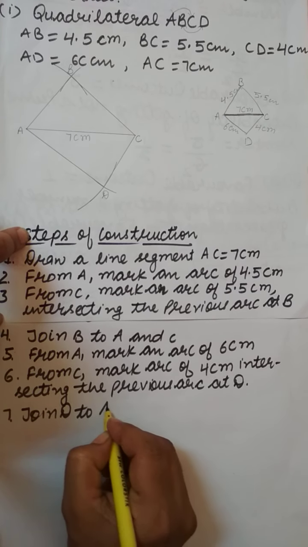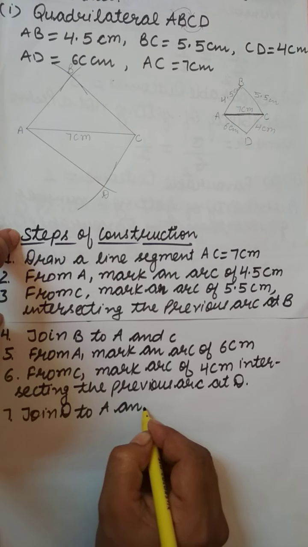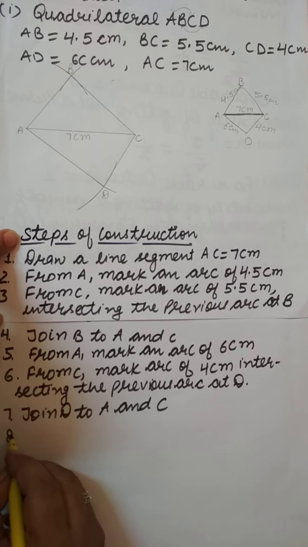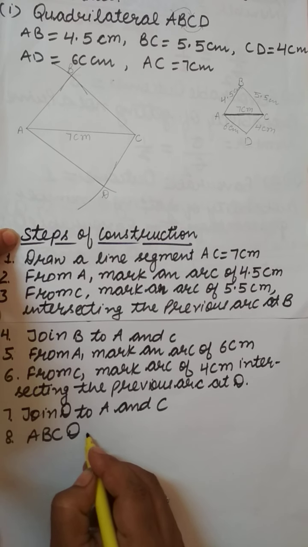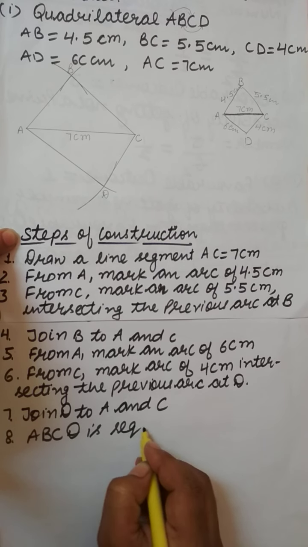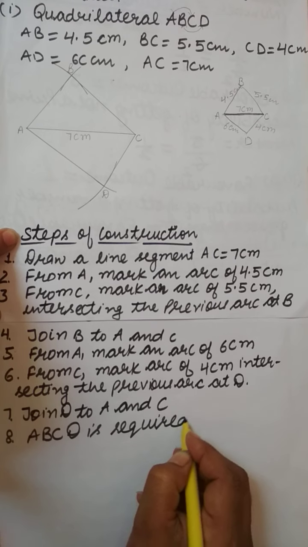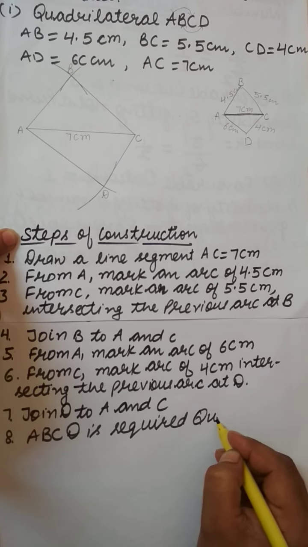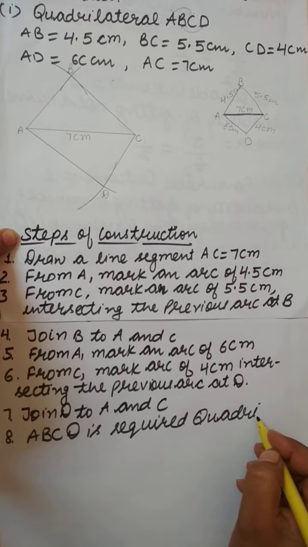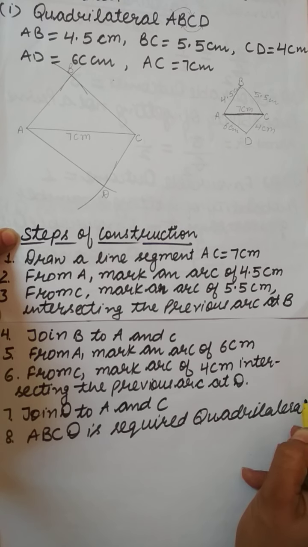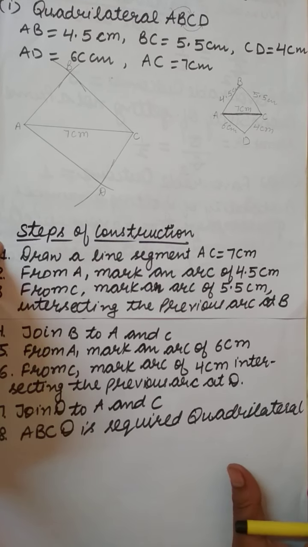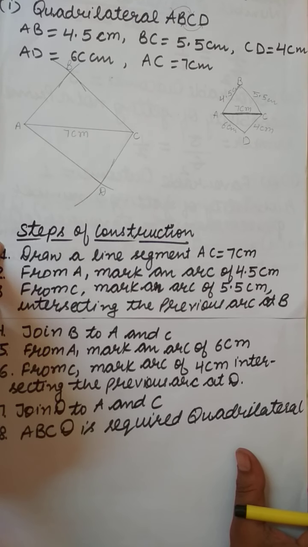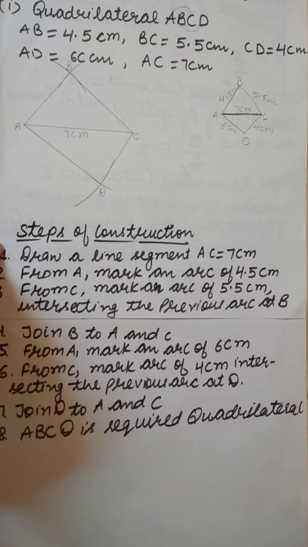So A, B, C, D is the required quadrilateral. In this way, we will construct the quadrilaterals when one diagonal and 4 sides are given.